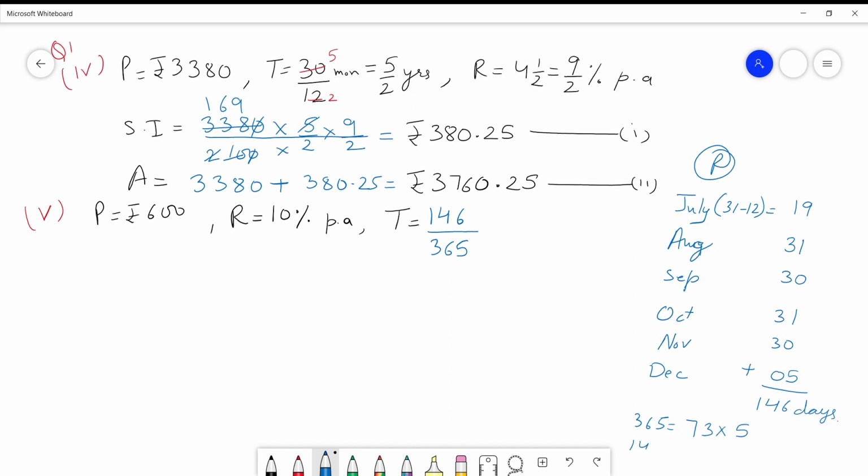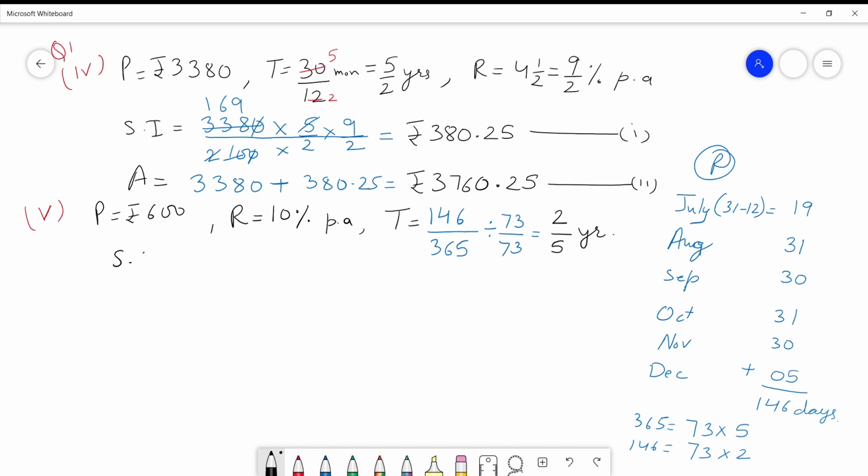And 146 has the factors 73 and 2. So what we will do, we will cut it with the table of 73. And when we do so, we will get 2 over 5. So this is our year, 2 over 5.